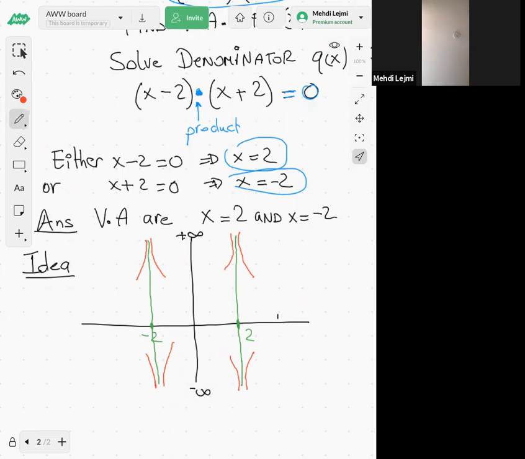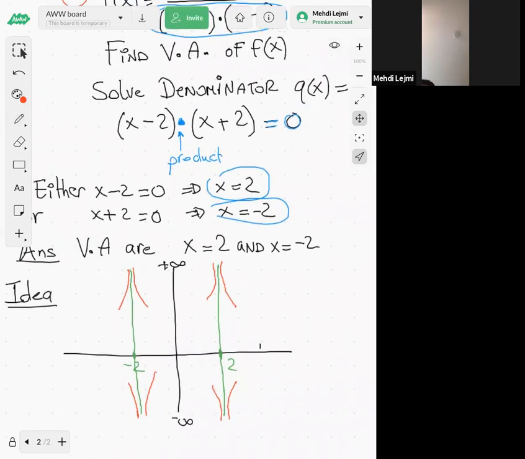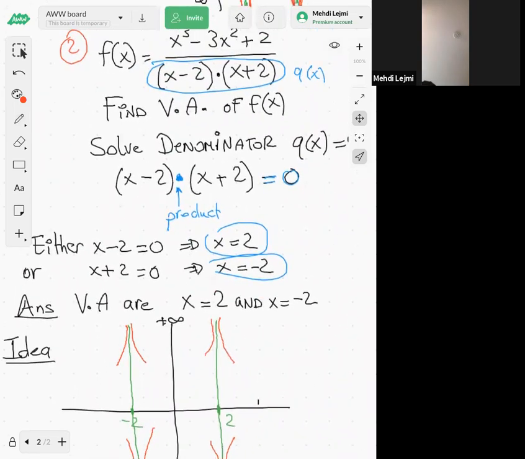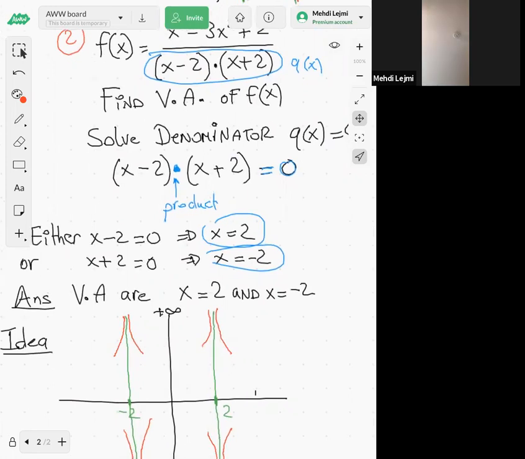All right, and remember, in this case the denominator is equal to 0 at positive 2 and negative 2, which means that in the domain, we have to exclude the positive and negative 2, right? Remember how we find the domain of a rational function? Just solve the denominator equal to 0.